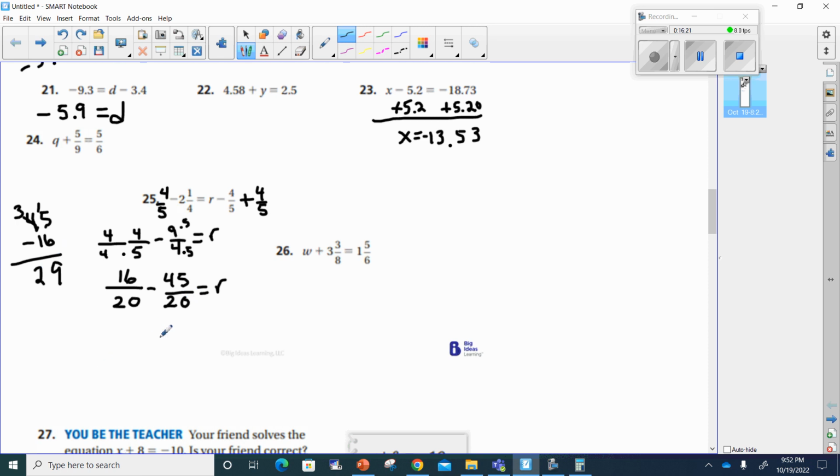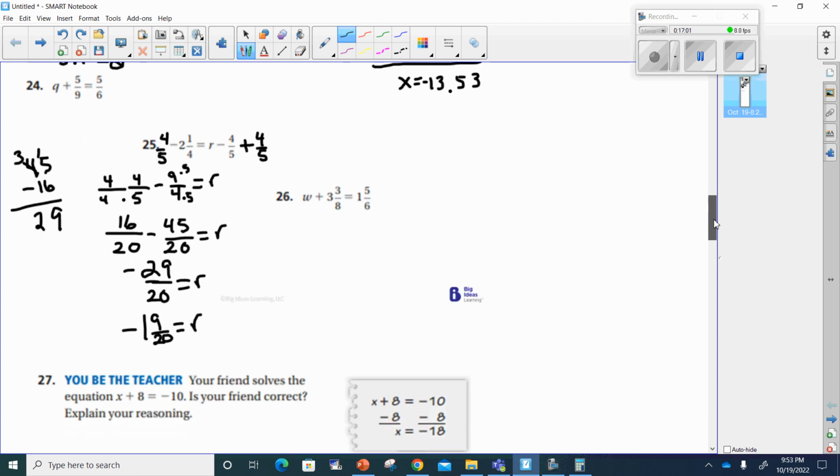I'm sorry, this was going to be 29. We keep the sign of the bigger number. The bigger number was 45, so negative 29 over 20 equals r. And 20 goes into that one time, so this would be negative 1 and 9 over 20 is going to equal r.